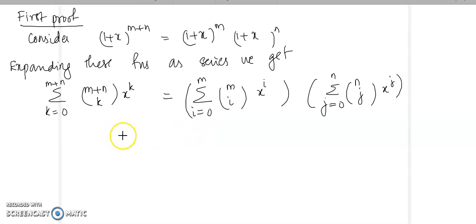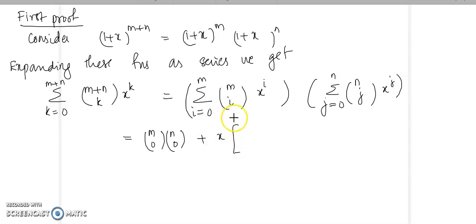On the right side, first there is the constant coefficient, then the coefficient of x, x square, up to the coefficient of x^(m+n). Let us look at what the coefficient of each is. For x^0, the first term gives mC0 and the second term gives nC0, so the only constant you obtain when you multiply both is mC0 nC0.